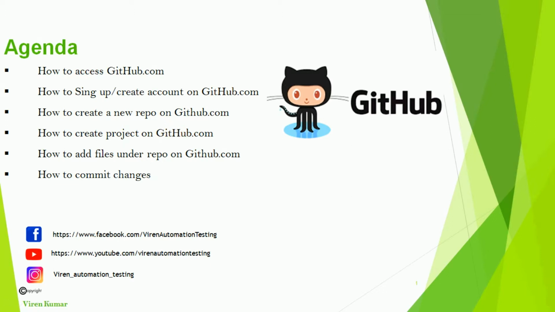After that we will add files under the repository, what are the ways to add files on github.com, and how to commit the changes, or what the commit command and changes are. So this is the agenda for today's video session, so you can watch and enjoy this video.